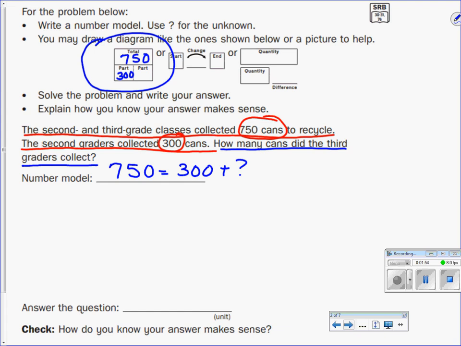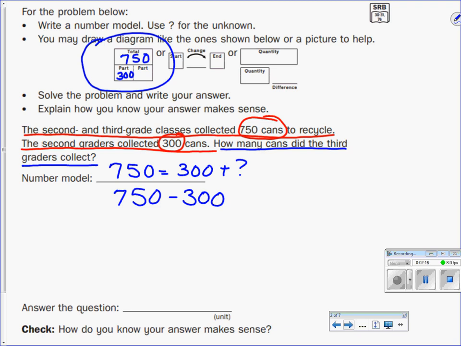Okay, we could also represent that picture by taking our total number, which is 750, and just subtracting the number that the second graders collected.